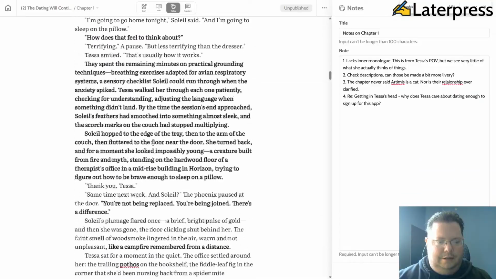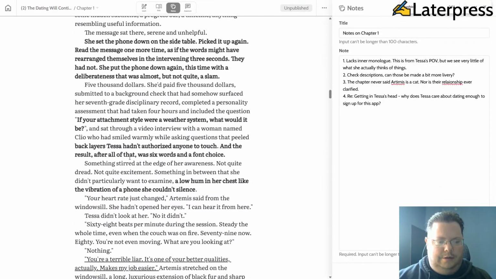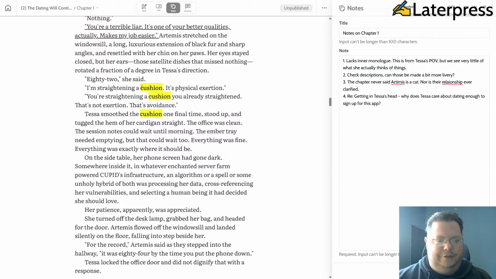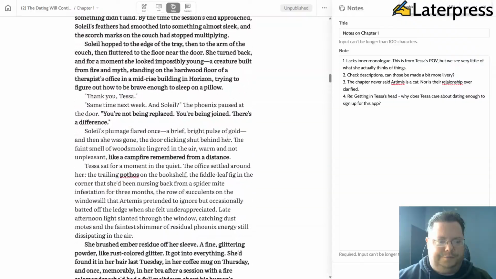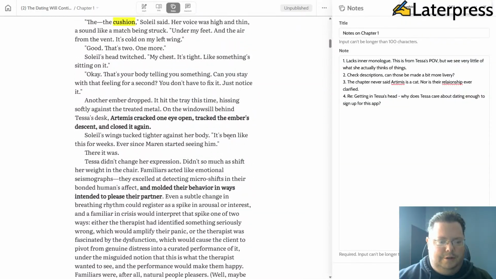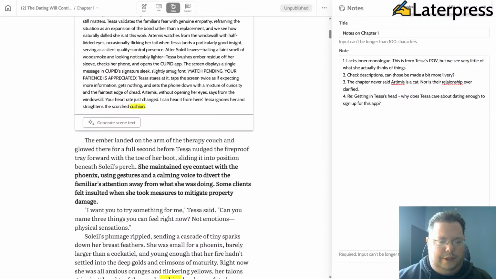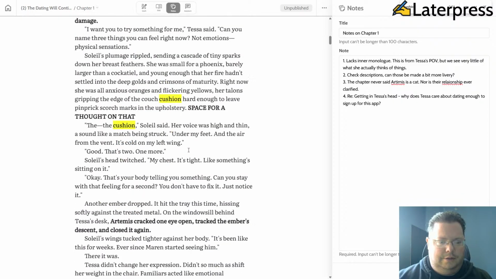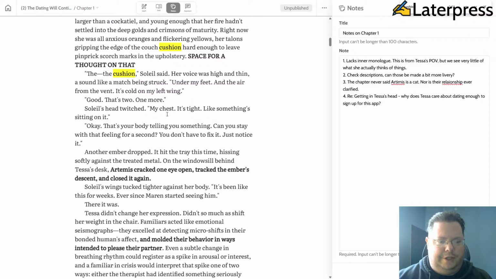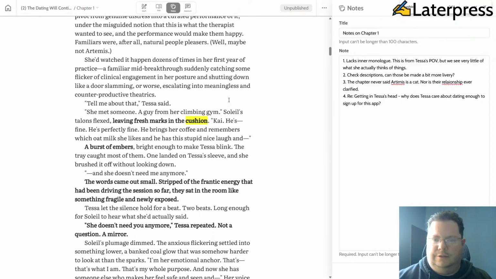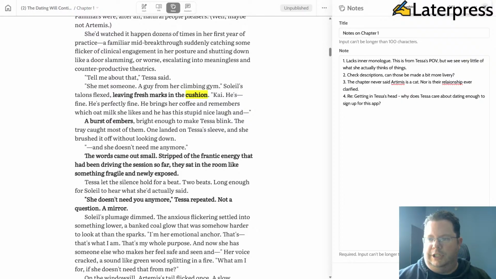But here's an example of it very much overusing the word cushion. I'm going to just go ahead and bold those right now, so when we get there, I remember that as a word choice issue. But so far in the chapter, I don't think it's overused at this point. But I wanted to check that.